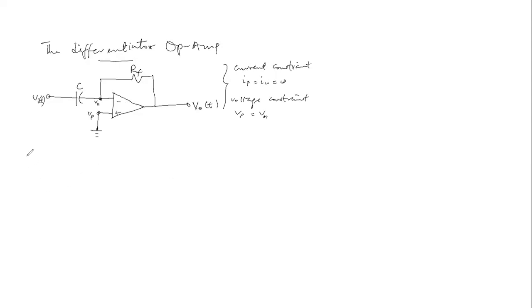And also, the current I sub I of t that flows through the capacitor will be the same flowing through the resistor, because no current flows through the terminals. So I sub n is 0 and I sub p is 0. So the current flowing through is actually I sub I of t.